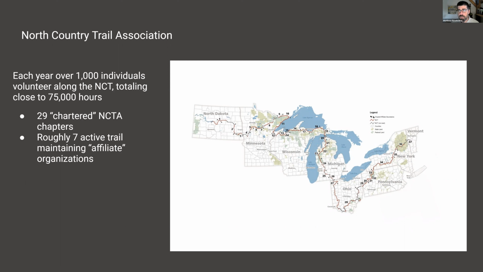But it makes for an interesting situation with the North Country Trail, especially when we try to represent the trail as a whole to the public. Finger Lakes is already doing that for their section. Buckeye Trail is already doing that for their section. Superior for their section. So a lot of the national efforts we try to do, we're not able to distribute detailed mapping information for those sections because those affiliate groups do that.